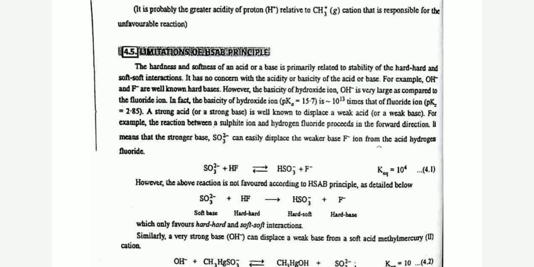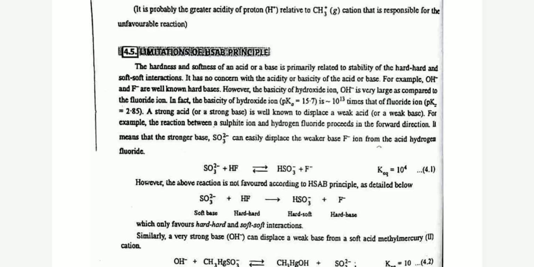In fact, the basicity of the hydroxide ion, pKa equal to 15.7, is approximately 10 raised to the power 13 times that of the fluoride ion, pKa equal to 2.85. A strong acid or a strong base is well known to displace a weak acid or a weak base.